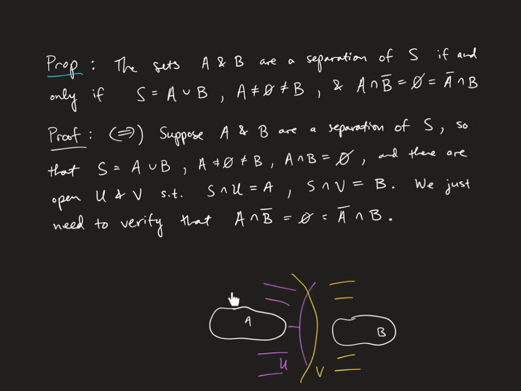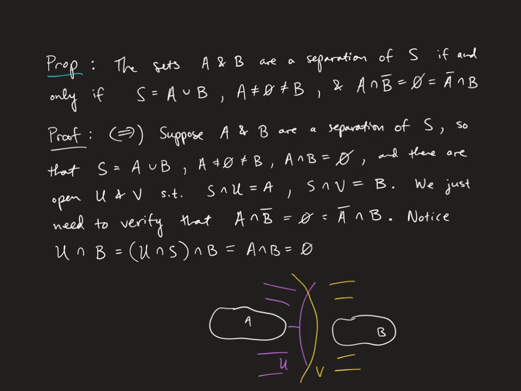So U is this open set surrounding A, so its complement is this closed set surrounding B. So notice that if I take U and I intersect it with B, well, because B is in the set S, I can just do a little trick here. This is the same thing as U intersect S intersect B. And that's just A intersect B.